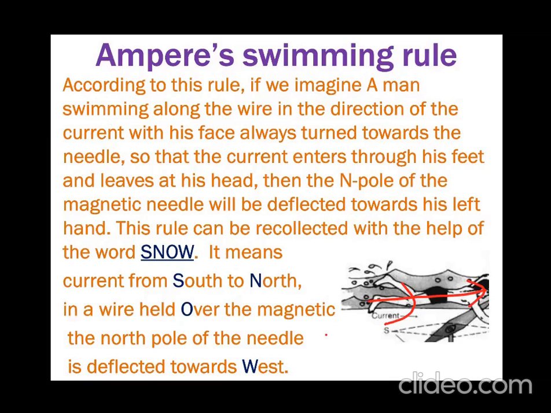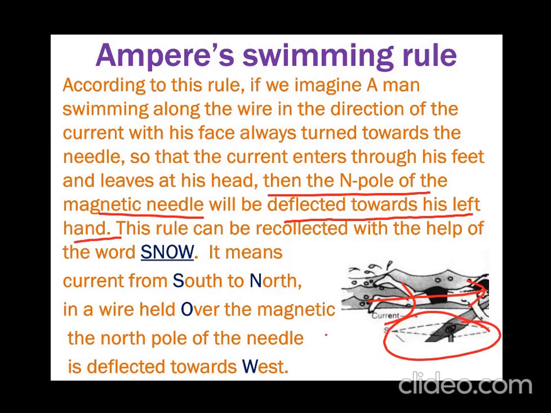Then the north pole of the magnetic needle, so here you can see a needle is placed, the dotted position. The north pole of the magnetic needle will get deflected towards his left hand. So if the person is swimming over here, his left hand is this side. This is the north pole of the magnet, and this is the south pole of the magnet.